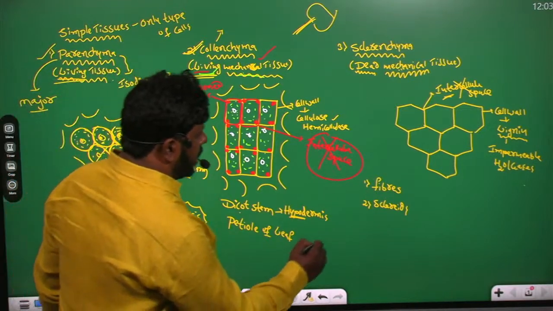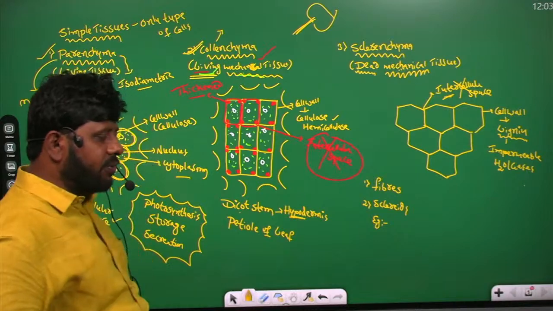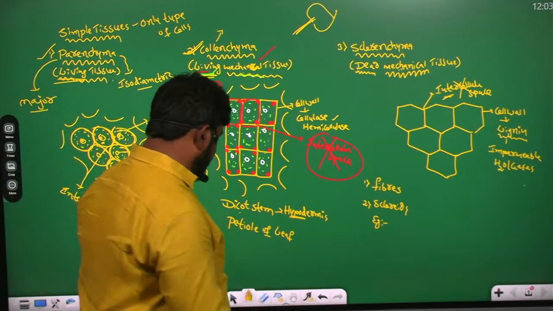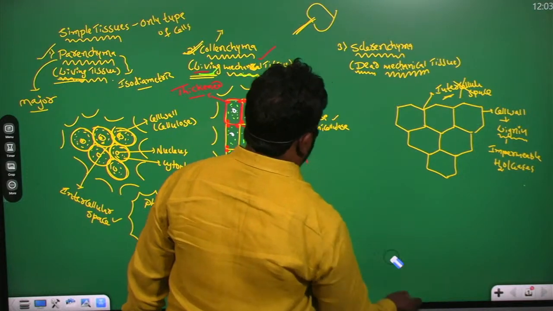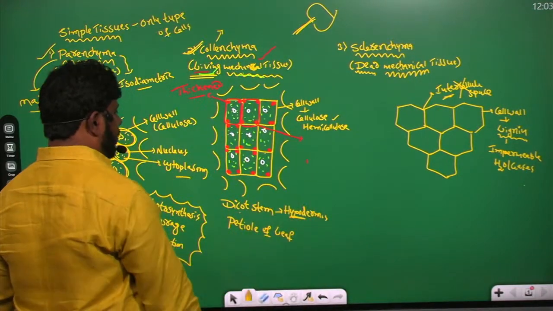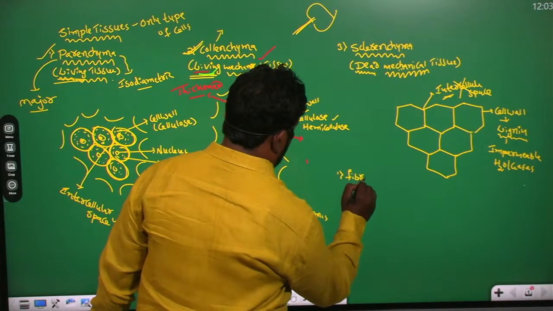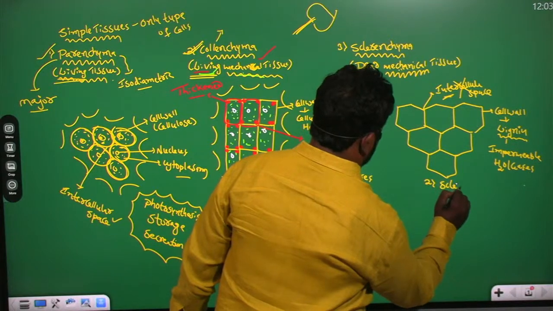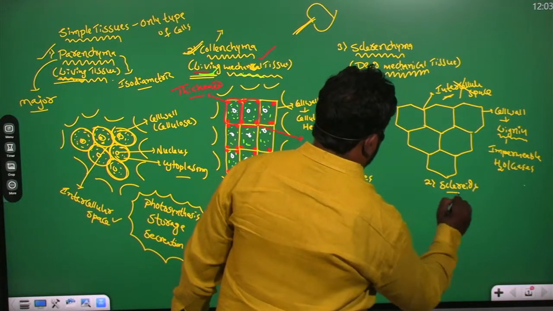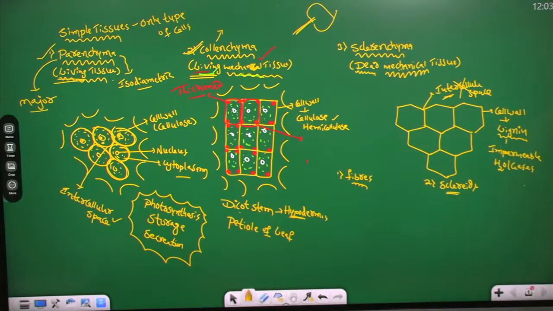But fibers are very important. Where are fibers, what is a fiber, what is a sclereid, let's see here. So generally sclerenchyma is classified into two types: first one is fibers and second one is sclereids.